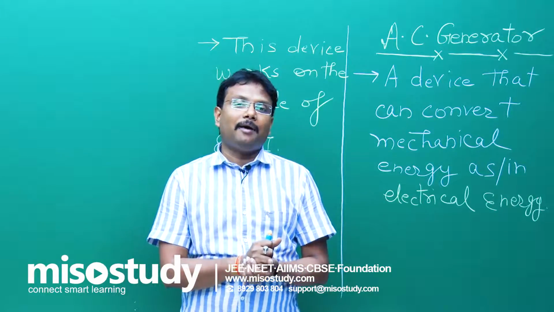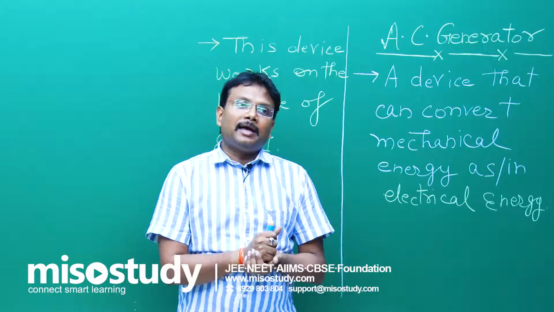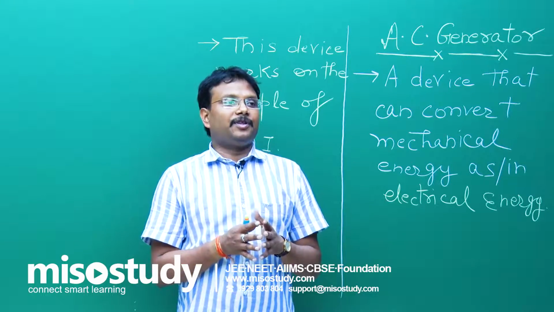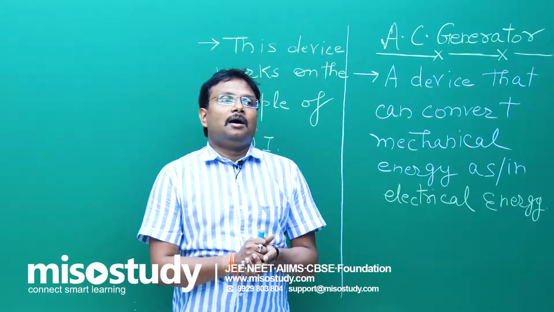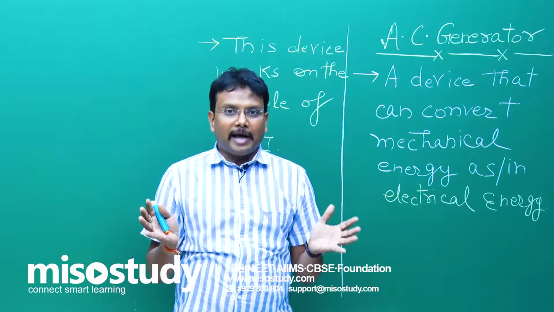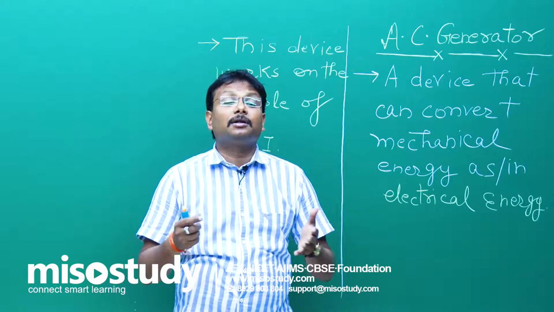In general, you have powerhouses, in India hydropower plants and thermal power plants. In hydropower plants, you have constructed big dams, for example Tehri Dam, Bhakra Nangal Dam, Sardar Sarovar Dam.